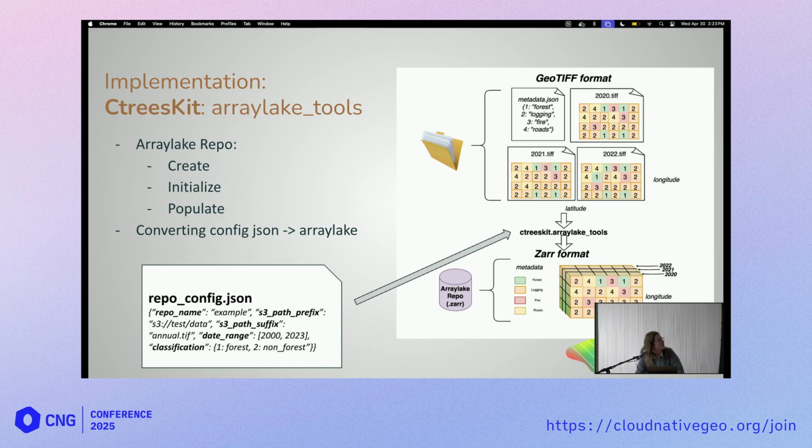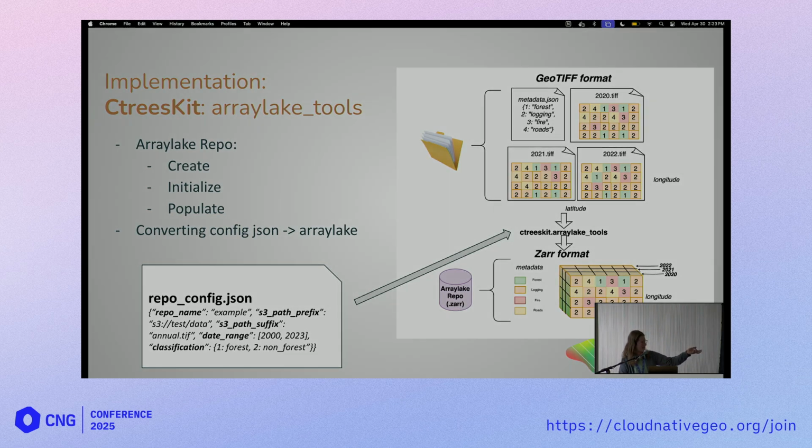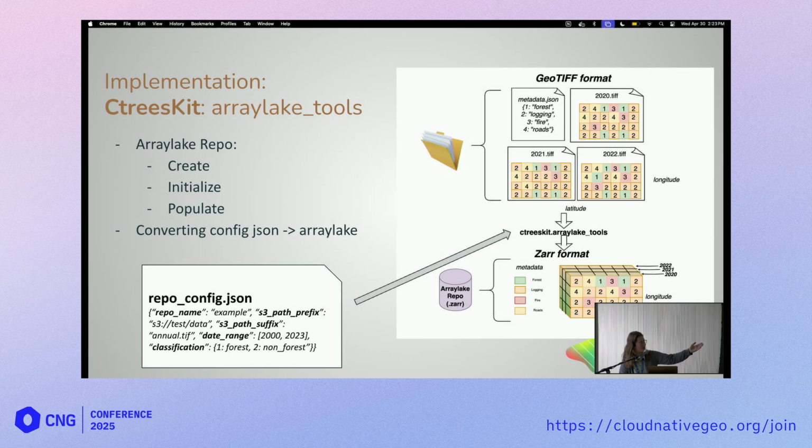So when we went from a GeoTIFF format to a Zarr format, what we had to do was figure out the format of the dates, figure out the metadata, and I created a pip package called ArrayLake tools, which has a function called populate ArrayLake, and it takes one JSON config that I have a scientist fill out, and it runs it, and it creates this beautiful Zarr data set that's saved in ArrayLake, where it has all the metadata embedded, it has a time series so we can grab it however we want for analysis, and it's all stored in ArrayLake.